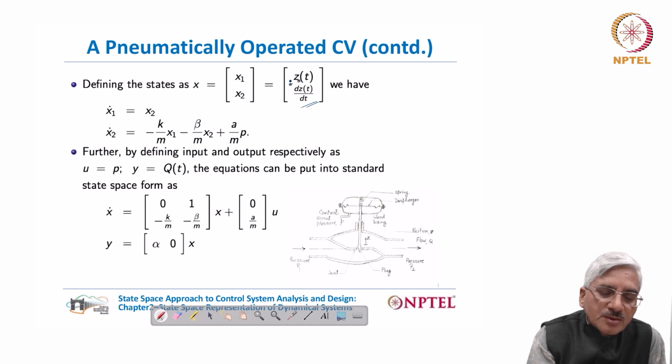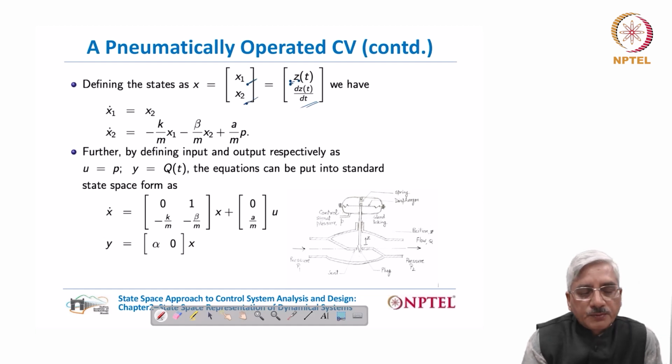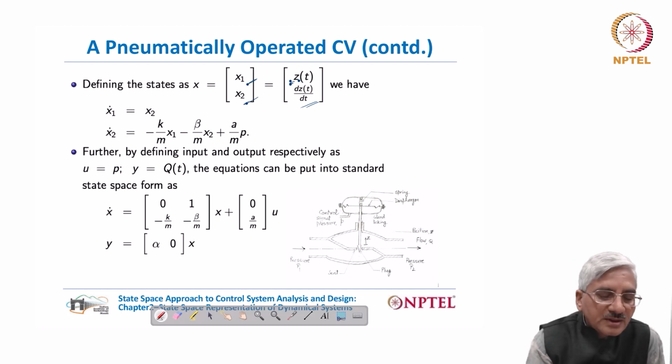So these two variables are identified as the states x1 and x2. So the first equation is, because the differential of position is speed, so we have x1 dot, the differential of position, equal to speed dz by dt or x2. So that gives this equation.